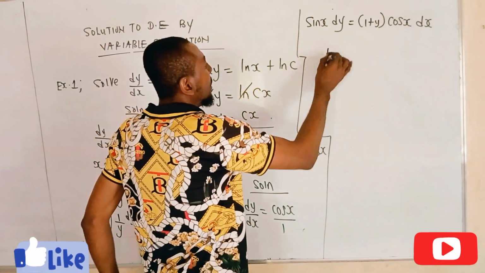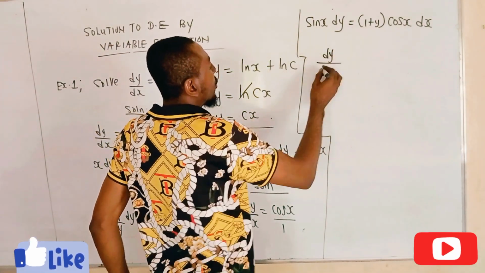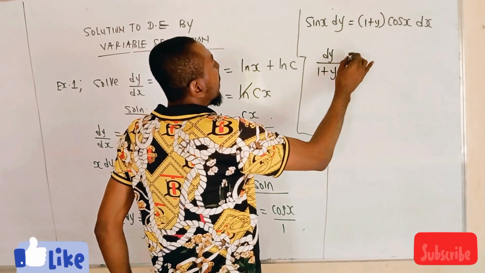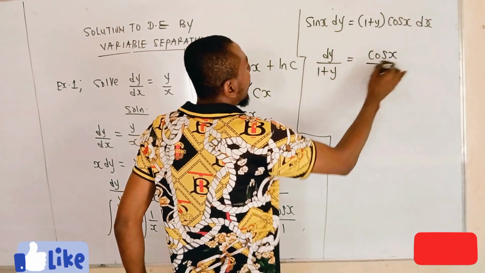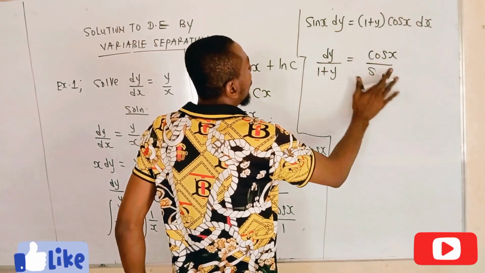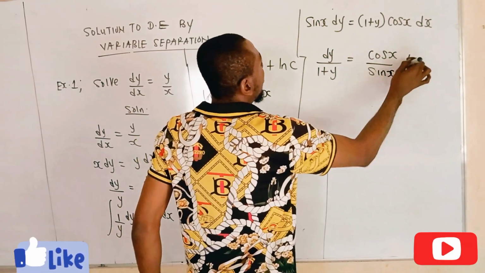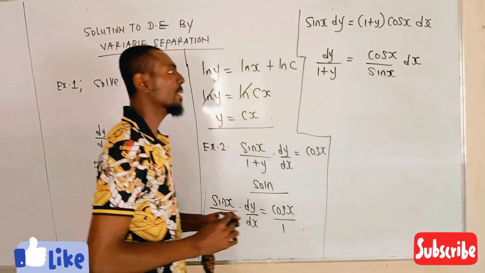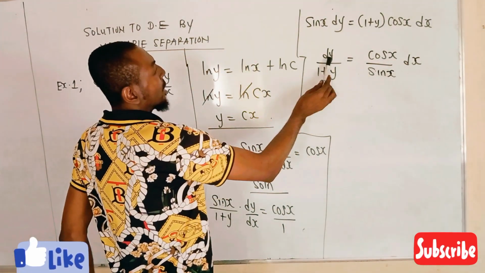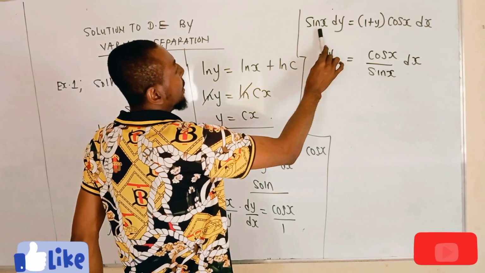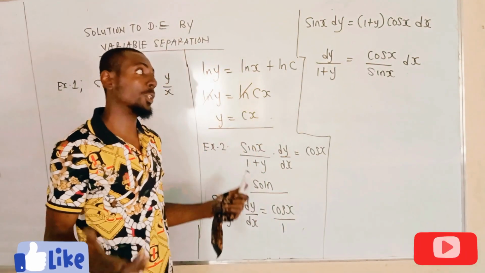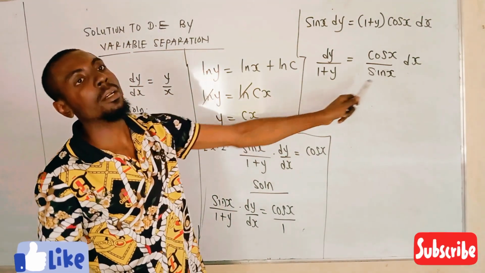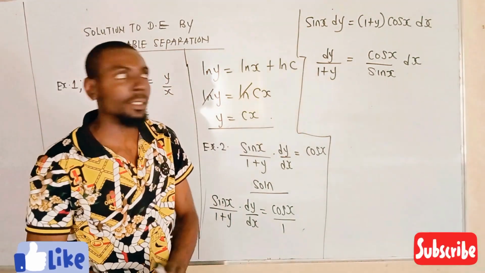So we have dy over (1 plus y) equal to cos x over sin x dx. As you can see, sin x multiplied by dy is still sin x dy, and 1 plus y multiplied by this is still the same, so I have not changed the meaning. You can see we are now having the variables separated.